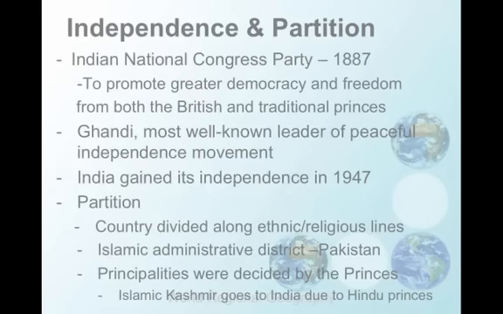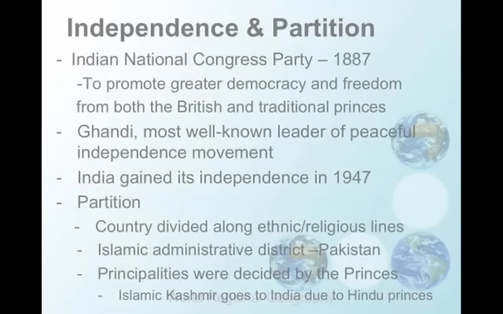Mohandas Gandhi is perhaps the most well-known leader of the peaceful independence movement. He would promote fasting and also boycotting, and would always do so in a peaceful manner. India eventually did gain its independence in 1947, and what happened after that created a lot of political and economic tension that to this day continues.